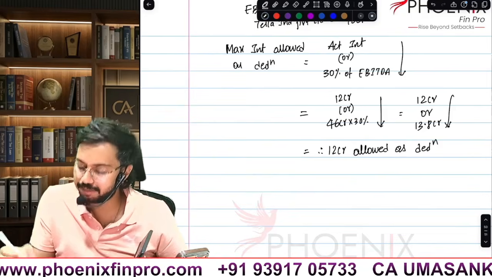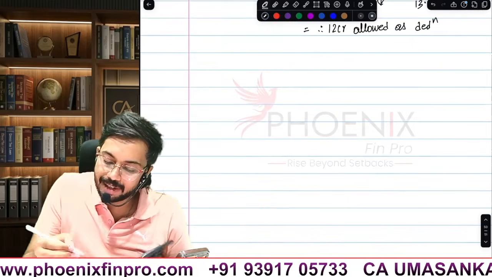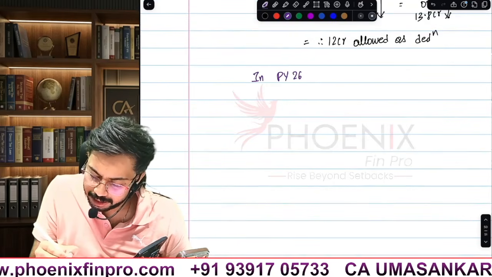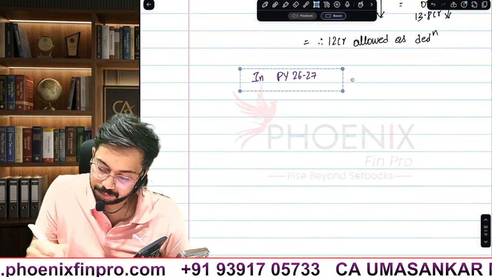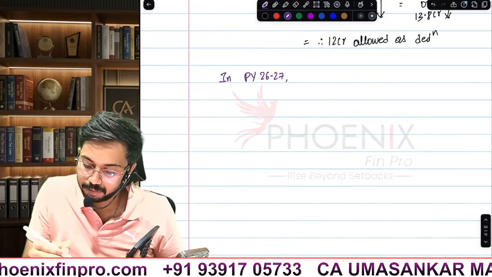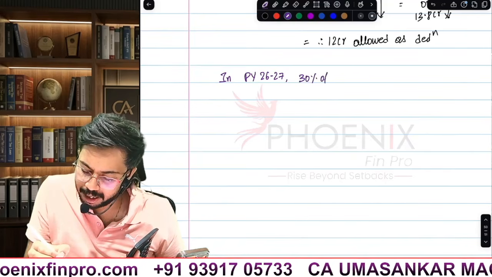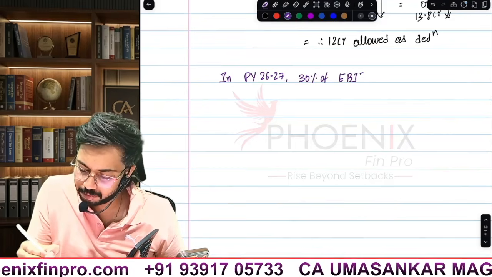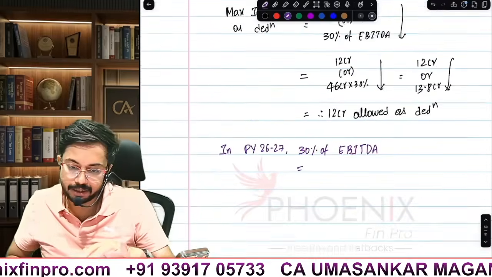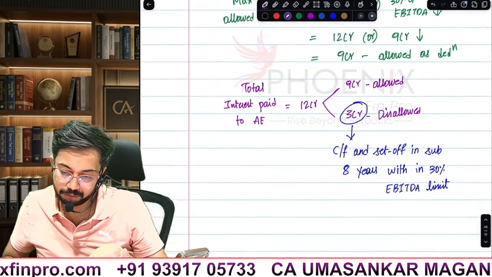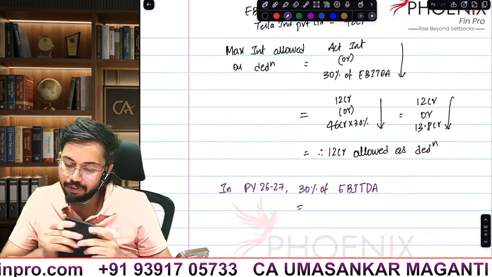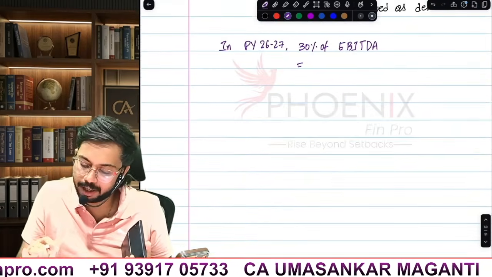But the thing is, in 26-27, how much is EBITDA? 30% of EBITDA is equal to, in 26-27, how much? 13.8 crores.